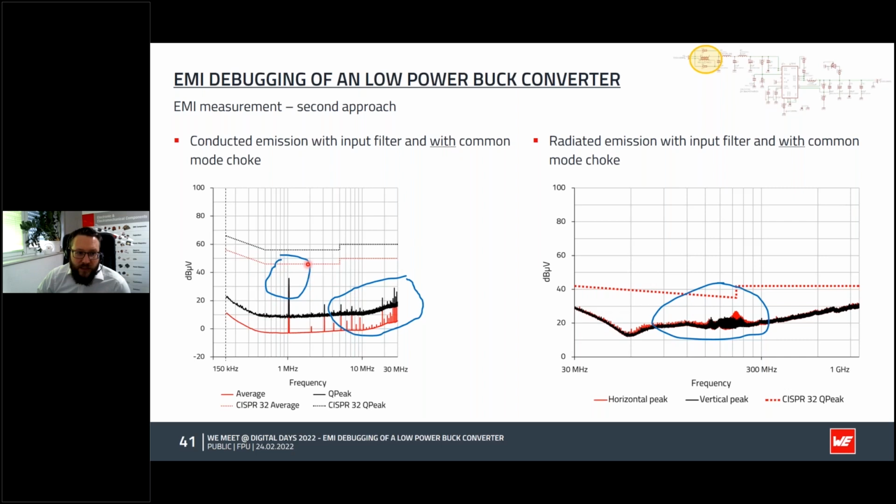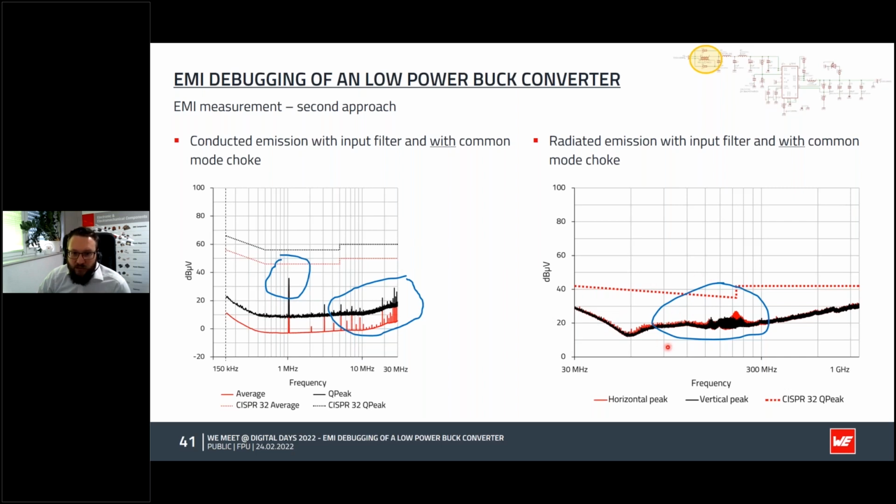We see that the suppression of the fundamental is not as high as with the chip bead ferrites, but at higher switching frequencies it suppresses quite broadband. So it's really a good option to think about placing in the design, to have really good suppression.